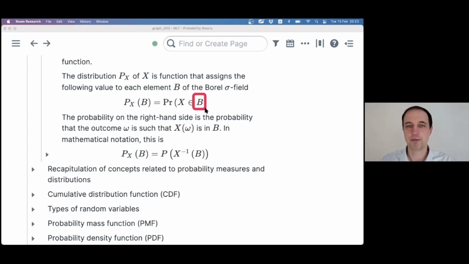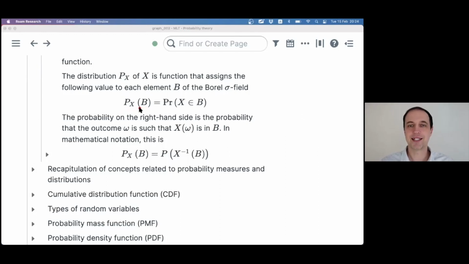And if you imagine some region, some subset of the real line, you can ask what is the probability that X belongs there. And this kind of probability for us was denoted P_X(B). And P_X is simply the distribution. So the distribution is a function that for regions like this will give you the probability.